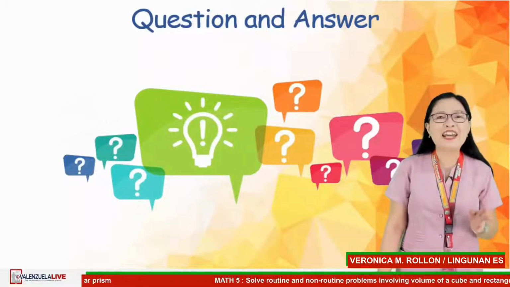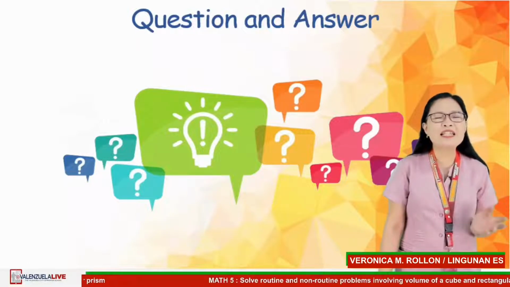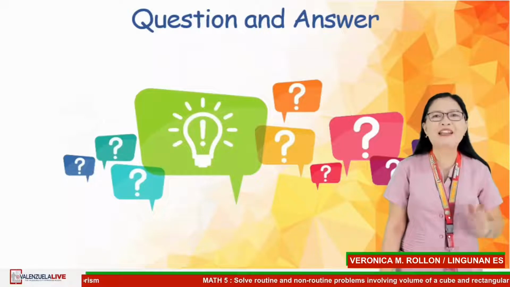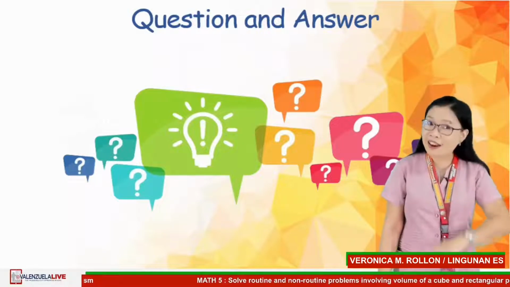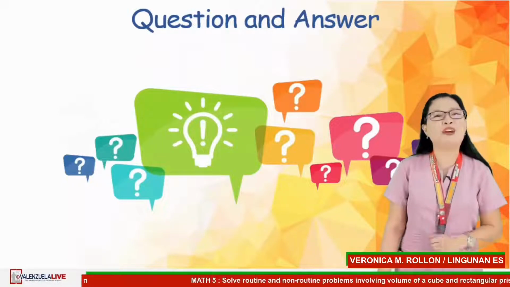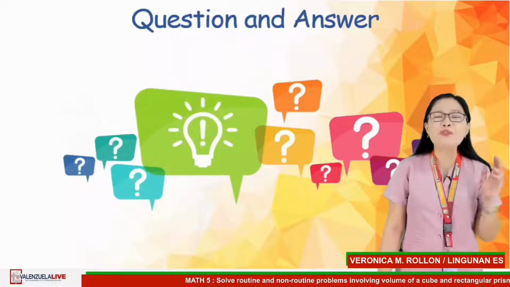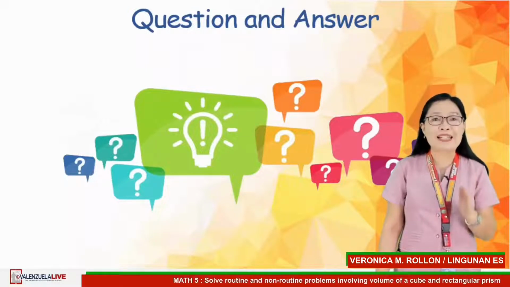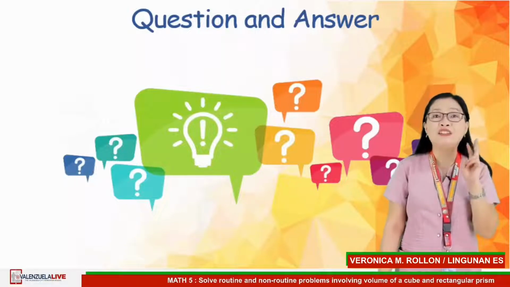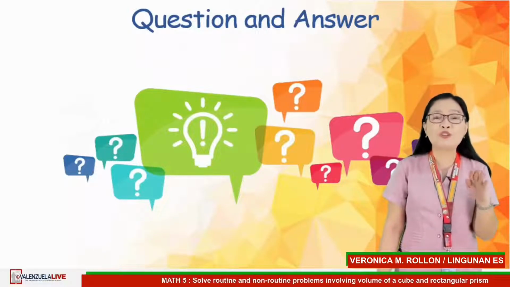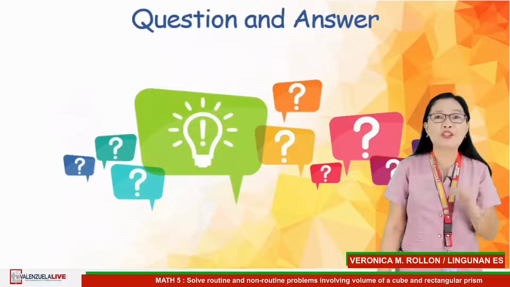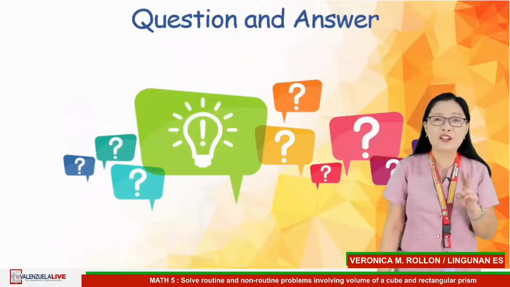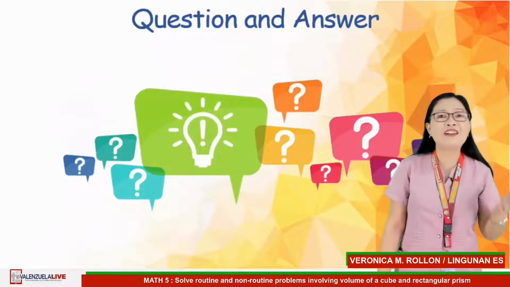The question is, what is the difference between area and volume? Okay, that's a good question. Area is the amount of space in a two-dimensional figure. We are going to get how many square units in a two-dimensional figure, for example a rectangle or a square.